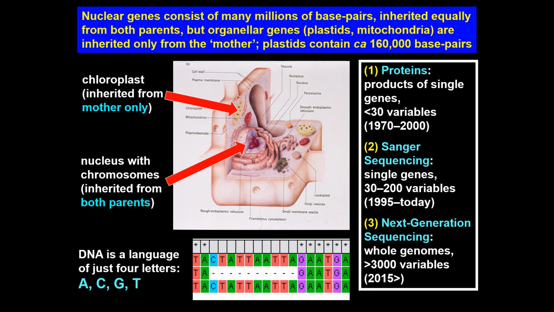That was replaced by direct sequencing of the genome to generate the letters A, C, G, and T in the order in which they appear in the genome. That's known as Sanger sequencing and caused a revolution in our understanding of the relationships between different species and how they evolved.